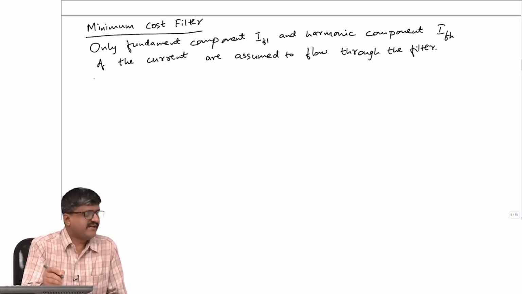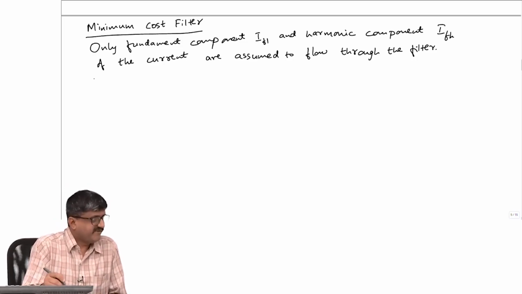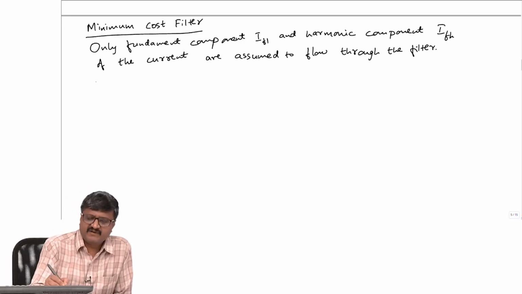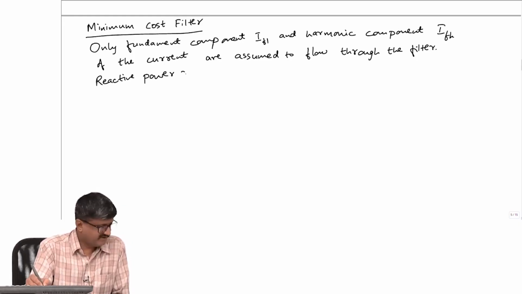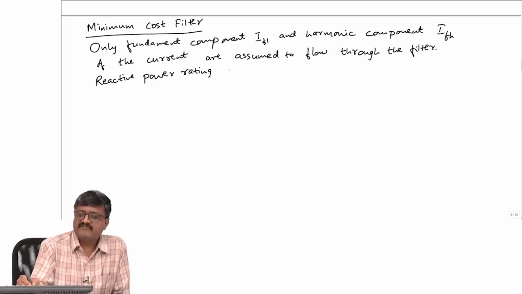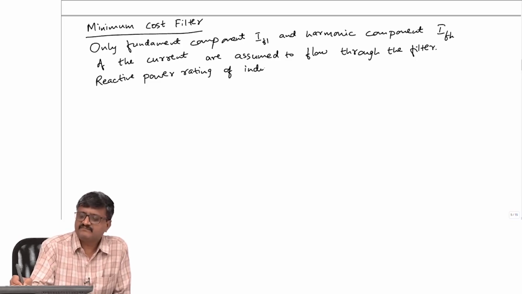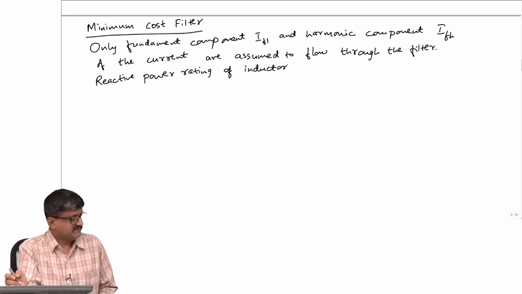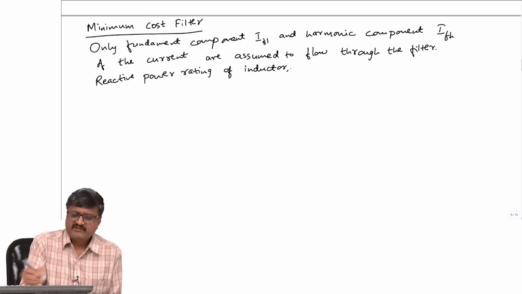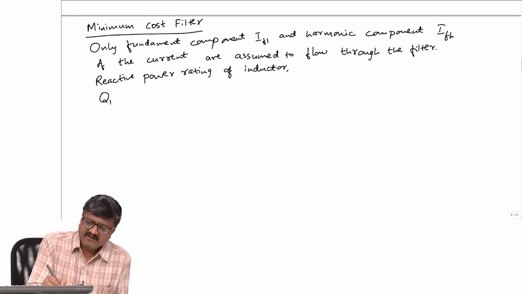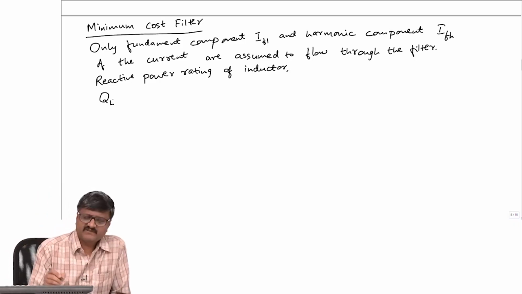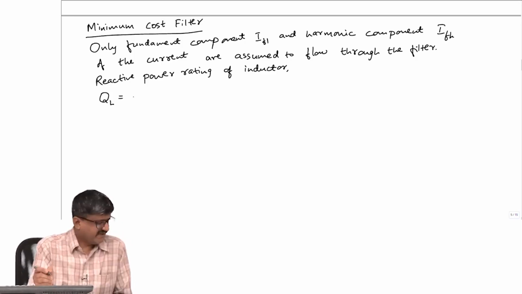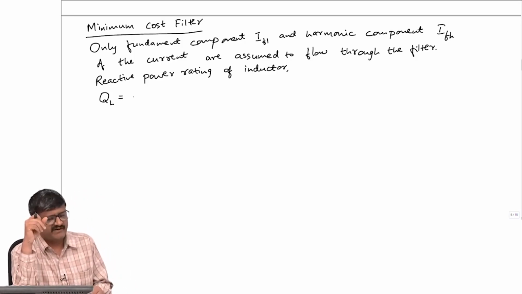So, let us try to take the reactive power rating of the inductor and capacitor separately. The reactive power rating of inductor, I will use a notation QL, L for inductor. Can I get an expression for the reactive power rating?